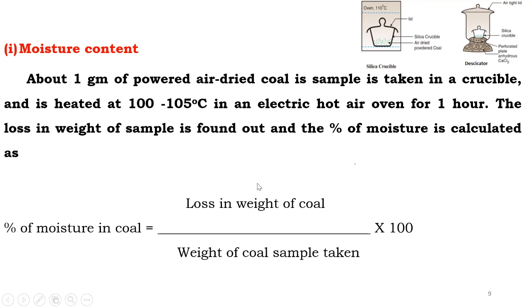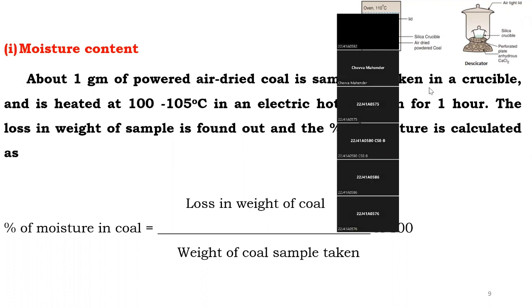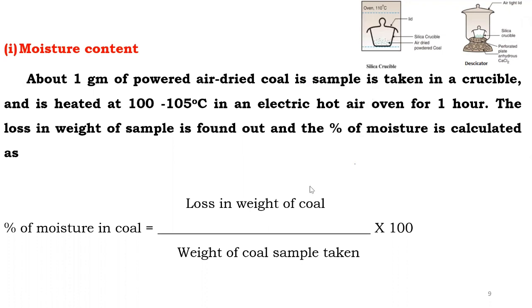So you note down 0.2, and the weight of the coal sample is 1 and multiplied by 100. So if it is 0.2, the percentage of moisture is 20%. Like that, in this way, the percentage of moisture will be calculated.